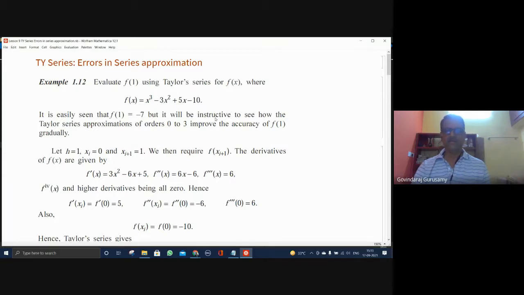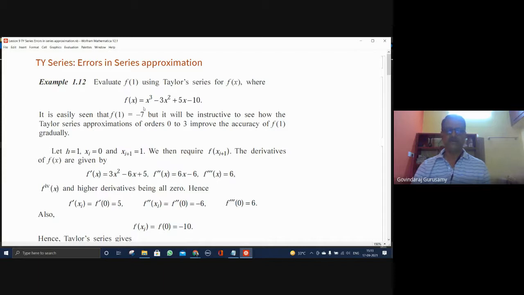But it will be instructive to see how the Taylor series approximations of orders 0 to 3 improve the accuracy of f of 1 gradually. You don't get this using a Taylor series of orders 0, 1 and 2. If you use order 0, order 1 and order 2, there will be some errors. And when I reach order 3 and above, I have no error at all in this function.